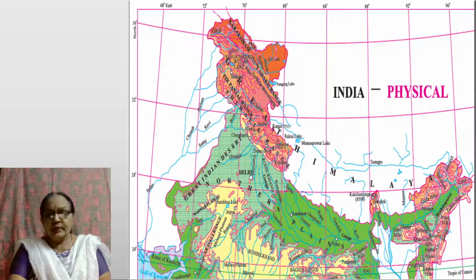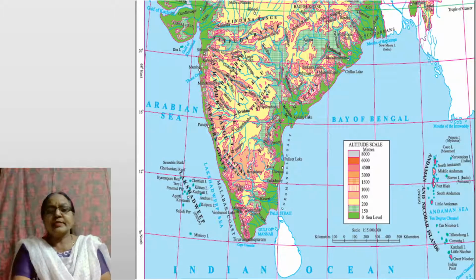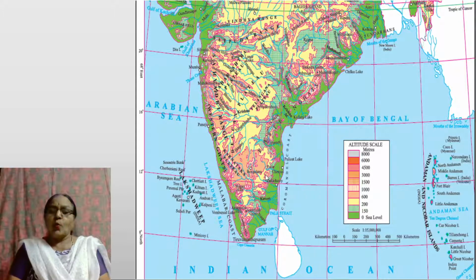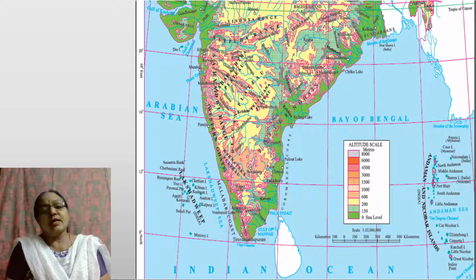Okay, children. Now let's come to the Peninsula region. Here, on the western side of India, we have the Western Ghats, and the eastern side is the Eastern Ghats. So where are the Western and Eastern Ghats located?